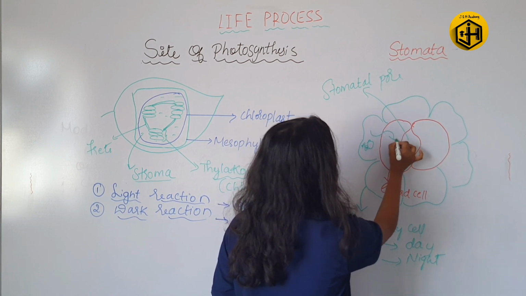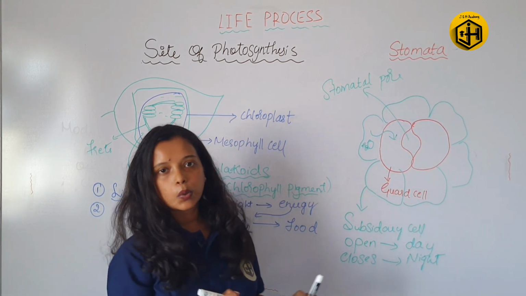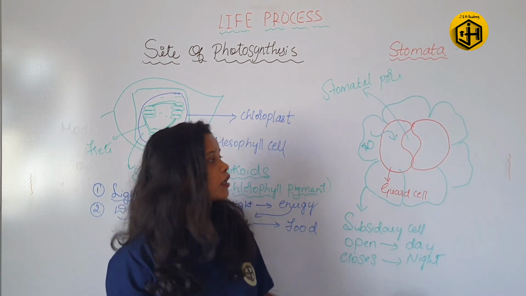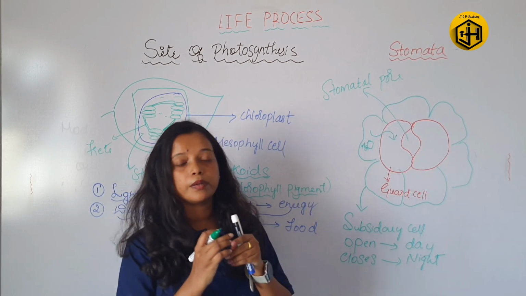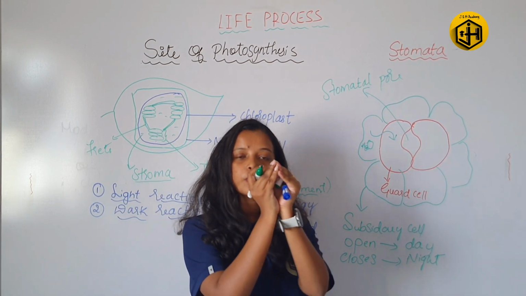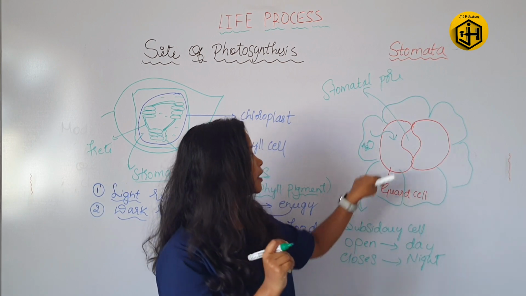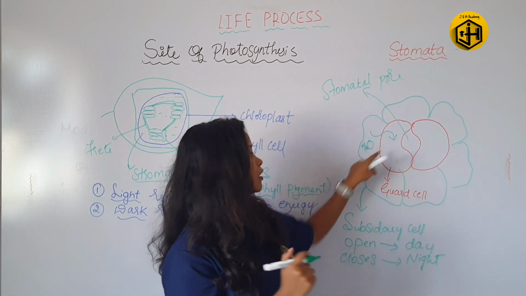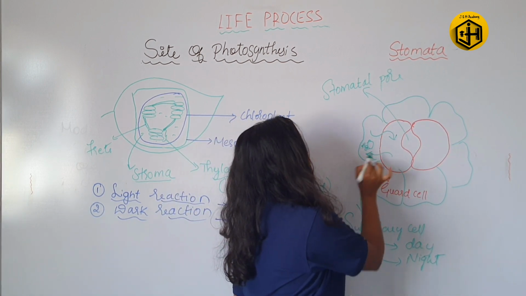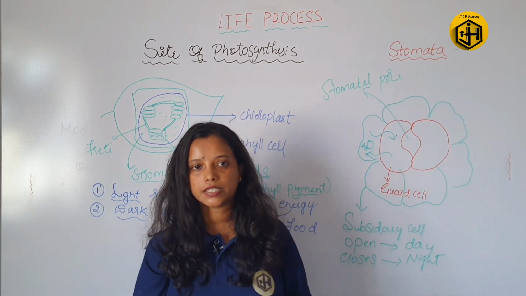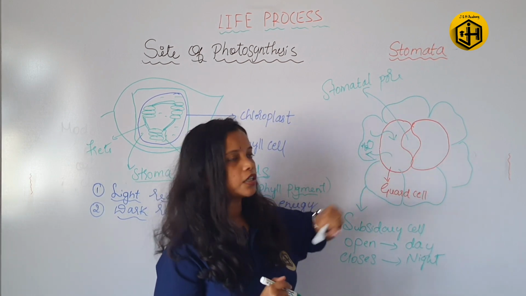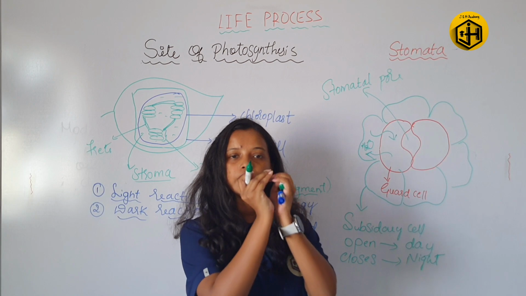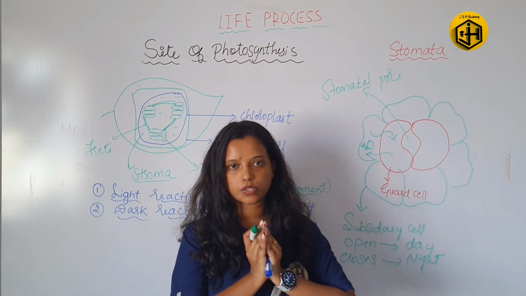It will move to the guard cell through endosmosis. Then this guard cell will become bulged and it will open. During night, water will go back to the subsidiary cell and the guard cell will shrink. As a result, the pore will get closed.